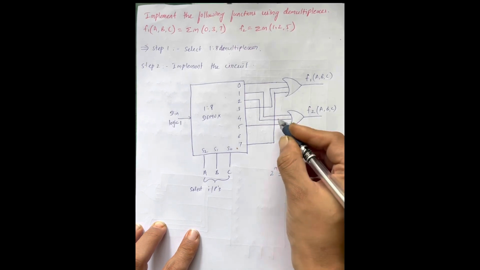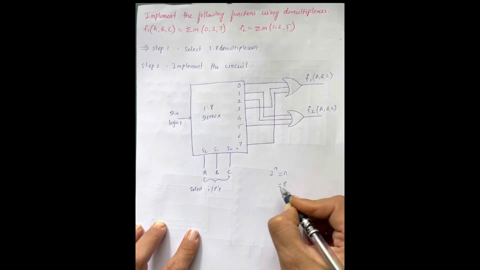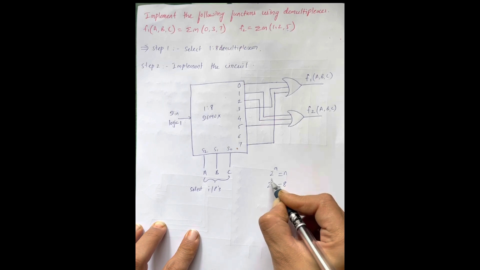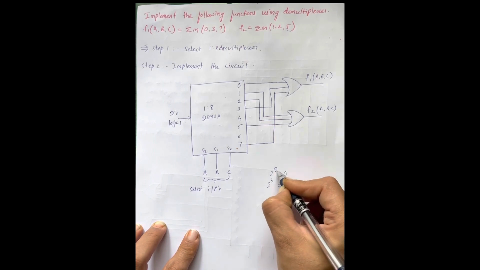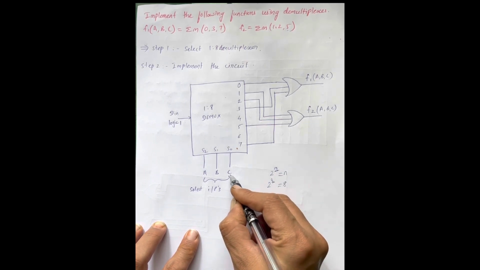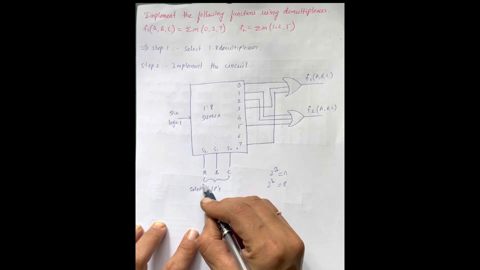Here n is the number of outputs, so 8 outputs are there. And 2 to the power 3 is 8, right? So the value of m is 3. So I have taken 3 select lines.